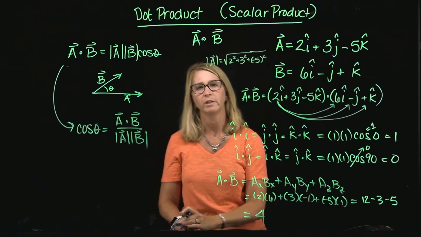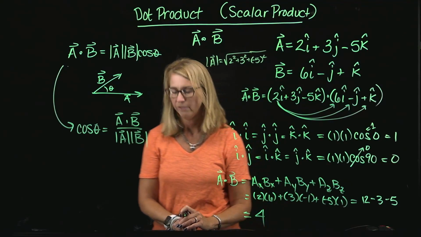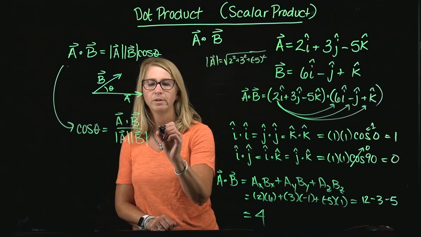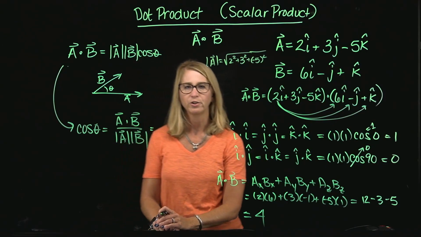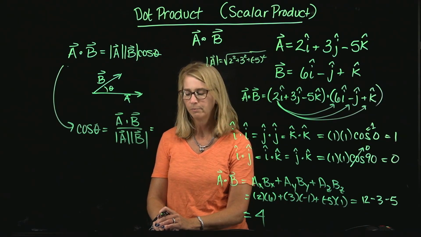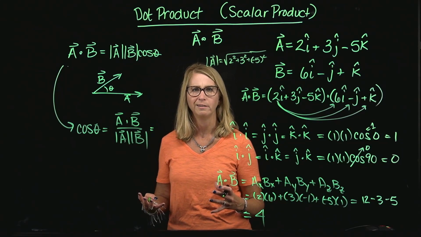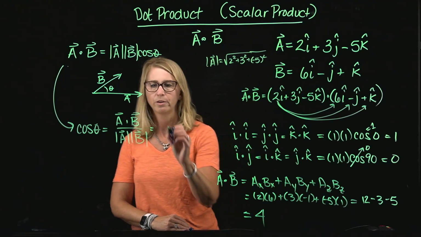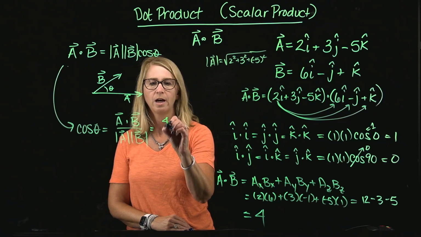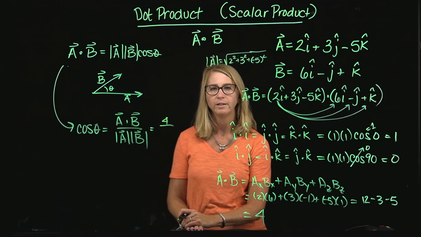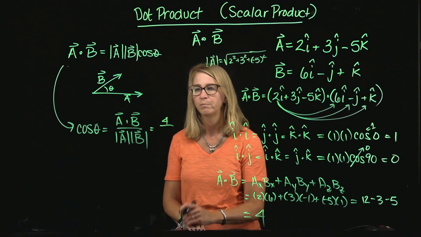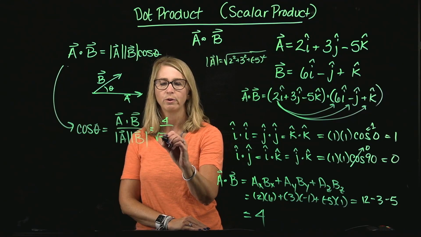And we could do the same thing for B. Even though I kind of randomly made up these vectors to do this problem, they both have the magnitude of the square root of 38. Who'd have thunk it? So I put on the top A dot B, which I found was 4. The magnitude of A is the square root of 38.